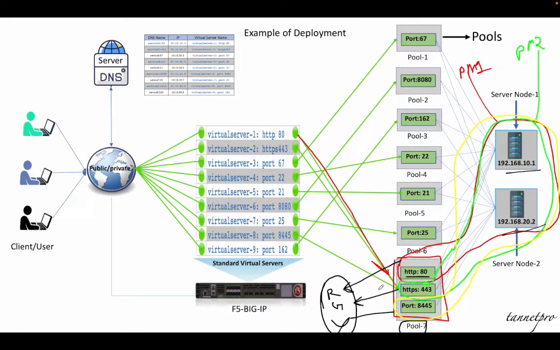So here I have given the example of 2 nodes only. 2 nodes plus service 80 is the red pool member. 2 nodes plus service 443 is the green pool member. 2 nodes plus service 8445 is called the yellow pool member, and all these red, green and yellow pool members are bound in a single pool, called pool 7, and this pool 7 is called in this virtual server, even for this virtual server also.